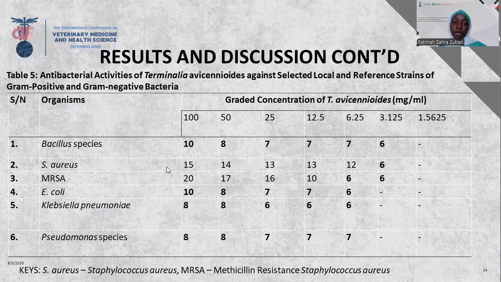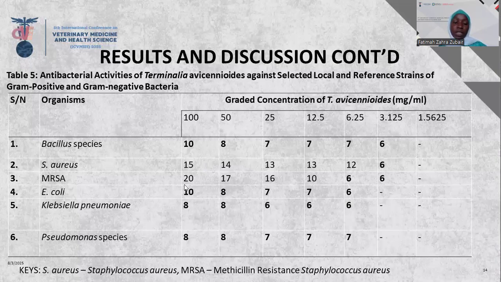Also, Staphylococcus aureus and Methicillin-resistant Staphylococcus aureus show good antibacterial activities against Terminalia avicennioides, which is in correlation to a study conducted by Aliu Amo and Isa et al. 2023, who showed the methanolic root extract of Terminalia avicennioides has good antibacterial activities against Staphylococcus aureus.